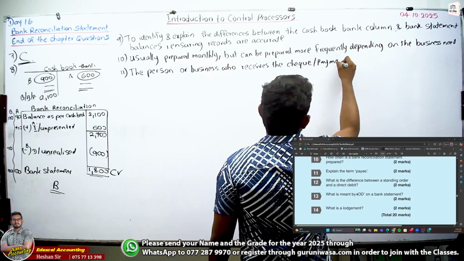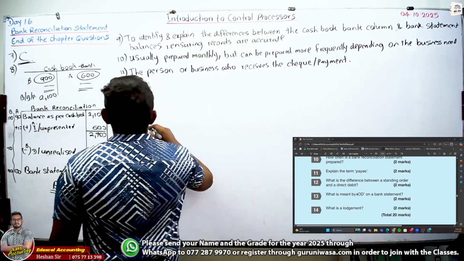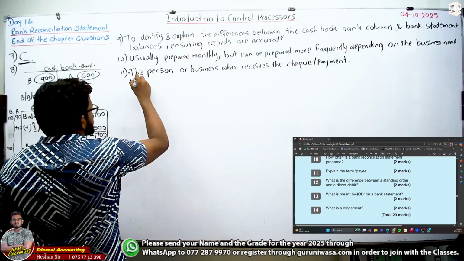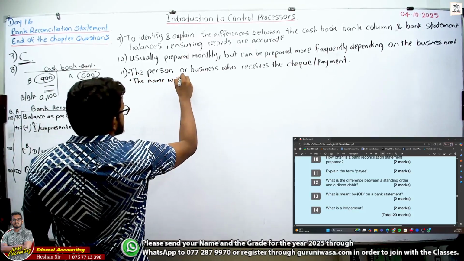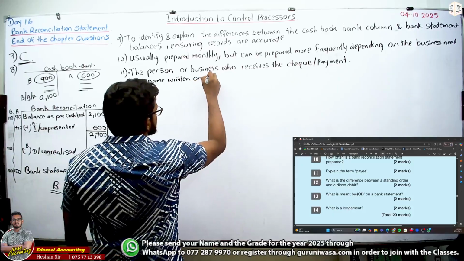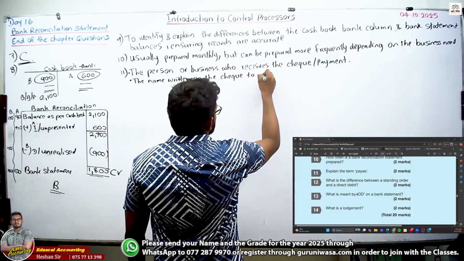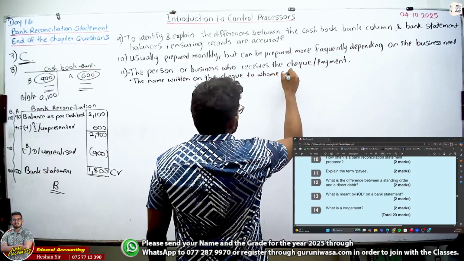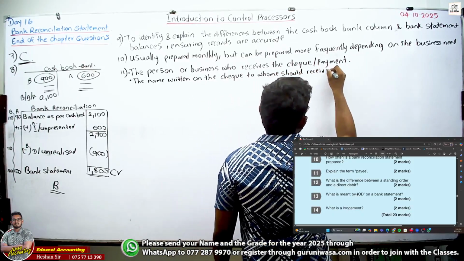The name written on the check. In other words, you can write: the name written on the check to whom the payment should be received.